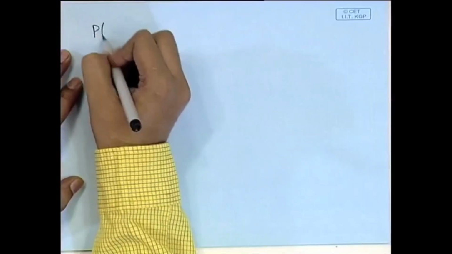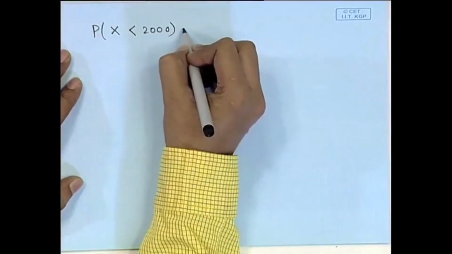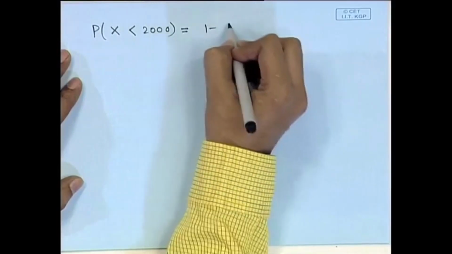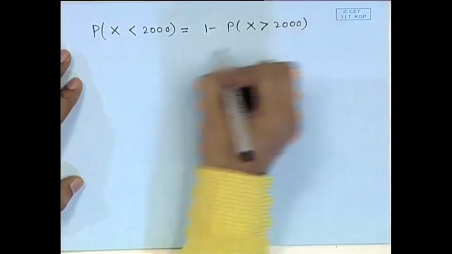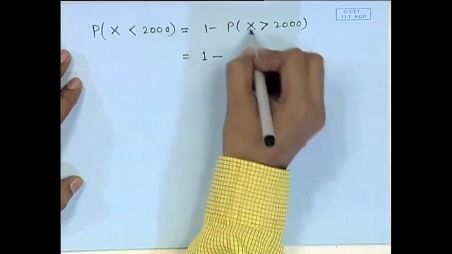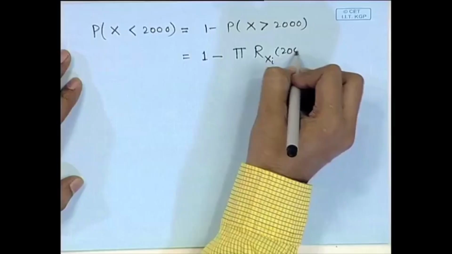Now, the next part is: what is the probability that the system fails before time 2000 hours? That means, what is the probability that X is less than 2000? This can be written as 1 minus the probability that X is working at 2000 hours. Once again, it is the product of the reliabilities at 2000 hours.